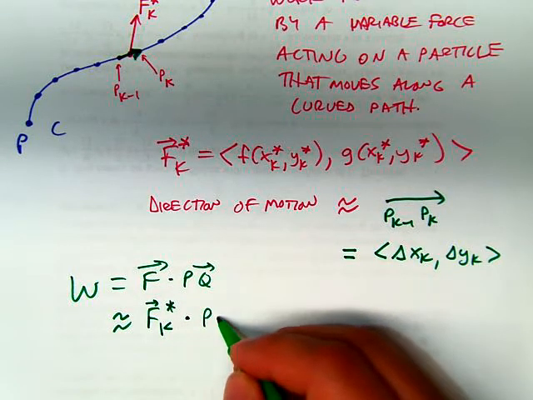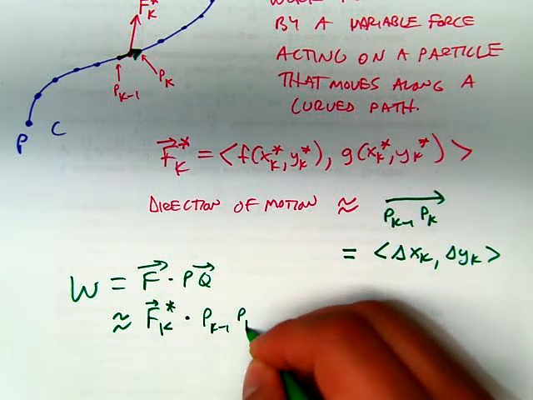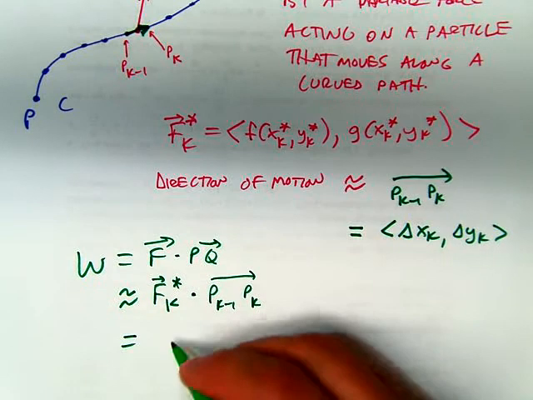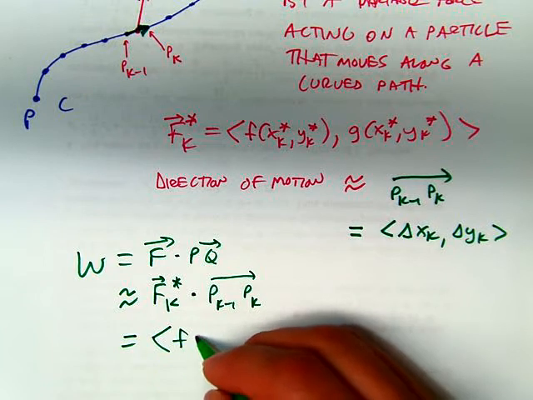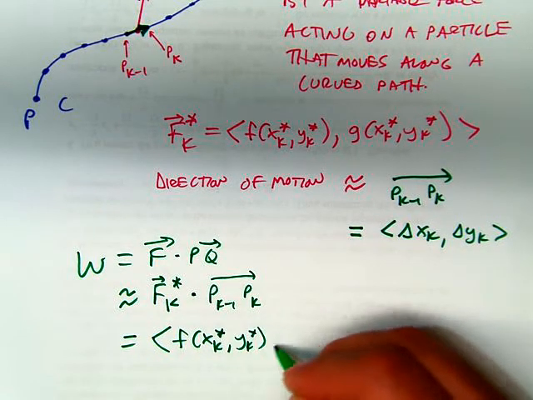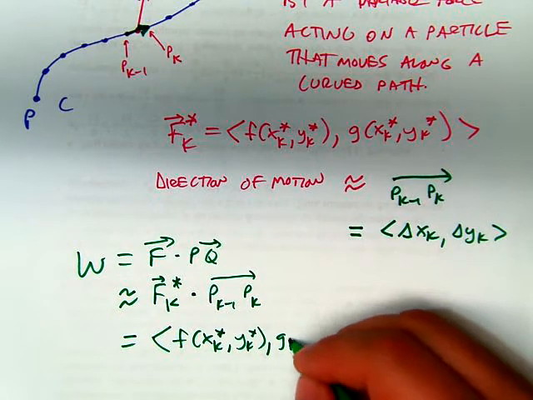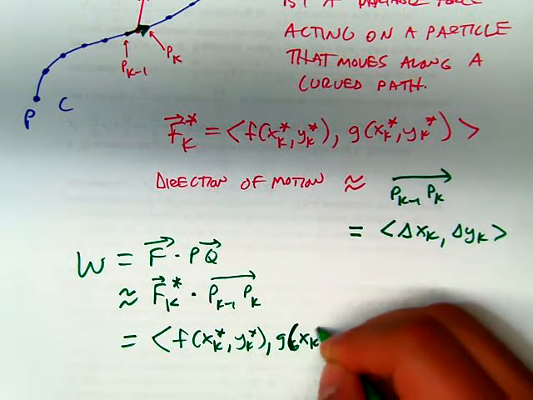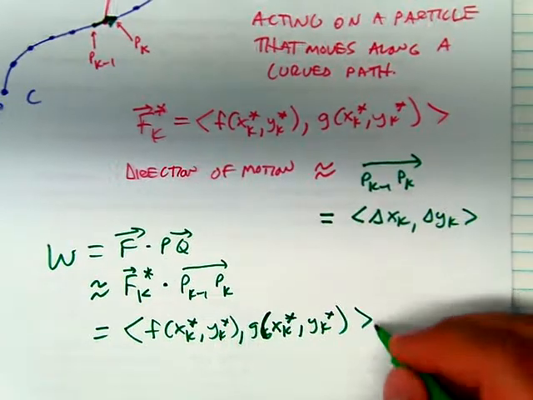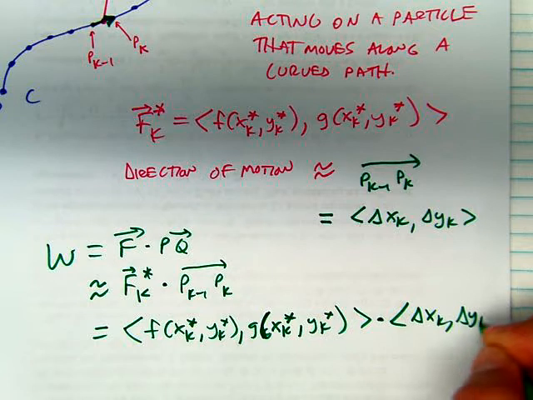And we take that with the vector from P to Q, which in this case is P sub k minus 1 to P sub k, which is equal to the dot product of f of x sub k star, y sub k star, g of x sub k star, y sub k star, and delta x sub k, delta y sub k.